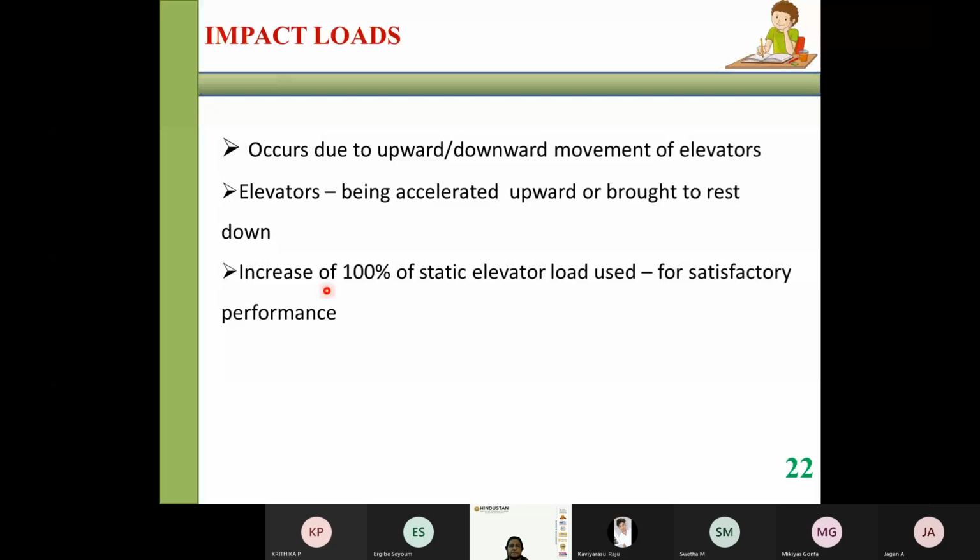This elevator load, that is the effect of impact, also has to be considered when you analyze high-rise structures, along with the dead load and live load. Is it clear? Are you able to understand?